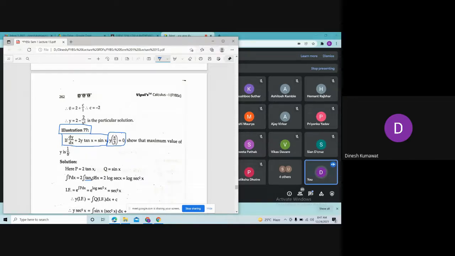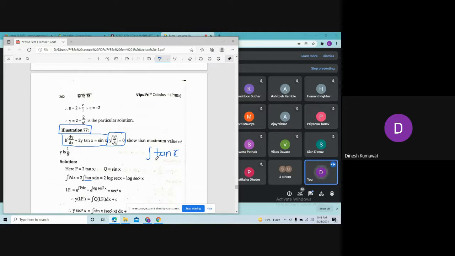So you are having integration of tan x. What is integration of tan x? Until you answer, we will not move ahead.